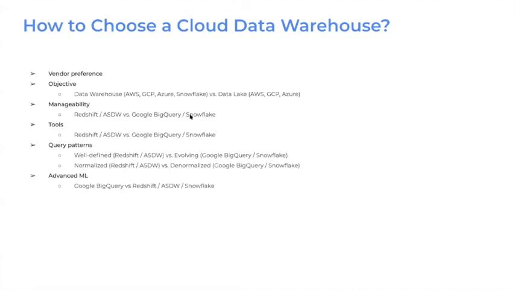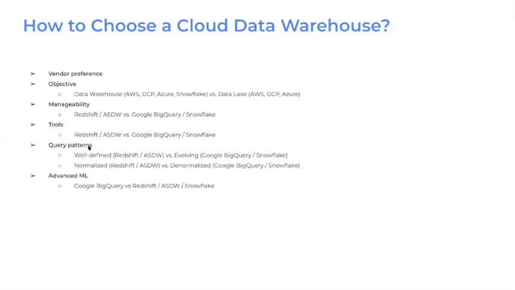In the case of BigQuery and Snowflake, the manageability aspect is far more streamlined. On the tools front, Redshift and Azure Data Warehouse have an upper hand because the underlying technologies they use have been in existence for a long time: Postgres in the case of Redshift, and SQL Server in the case of Microsoft.